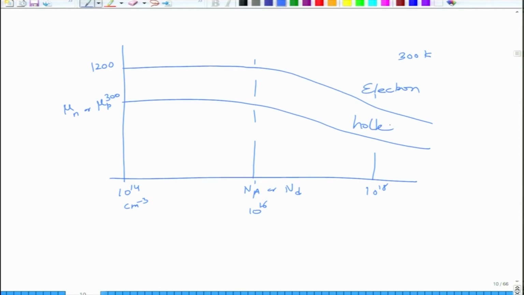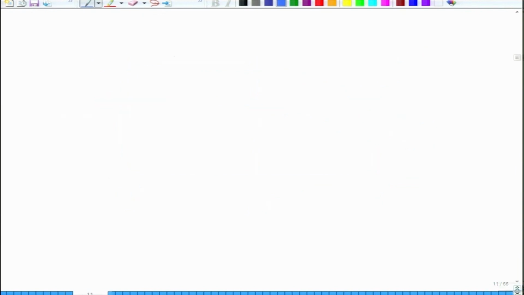So both electron and hole mobility decrease as the impurity concentration increases, but they also tend to change with the temperature. If you plot mu versus temperature, at lower doping concentration they tend to change a little faster.